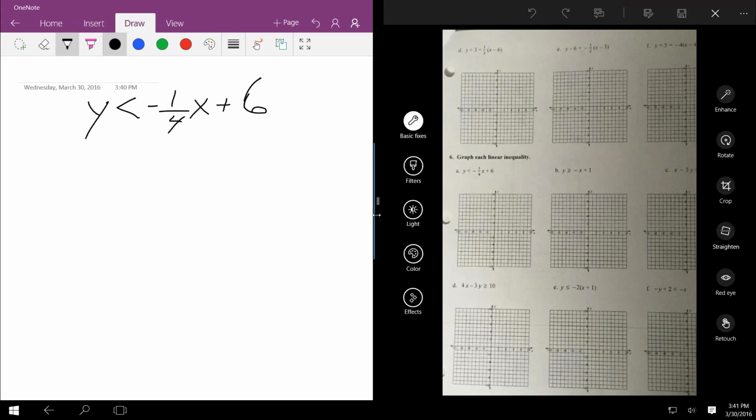What you do is you're going to graph your line, and then depending if it's the value of 1/4 x plus 6 is greater than or less than, you would shade an area above or below the line. Since it is less than y, you would shade below the line. Okay, let me go ahead and graph it. Is it a solid line or a dotted line? Dotted line.